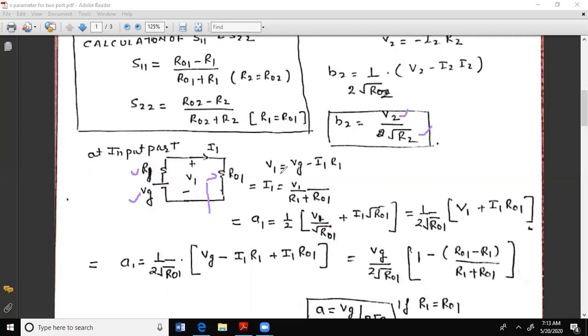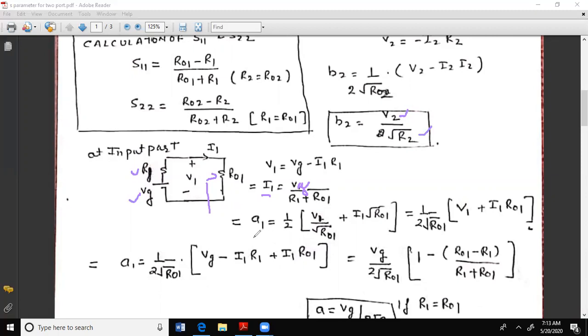So this voltage V1 equals source voltage VG minus I1 R1, and the value of this current I1 is equivalent to voltage divided by total resistance. So I1 is VG by R1 plus R01. That is the value of I1.